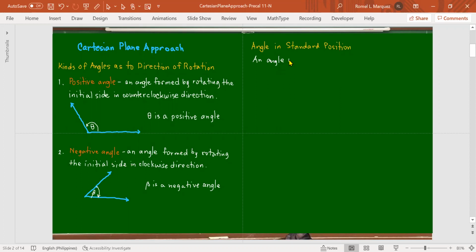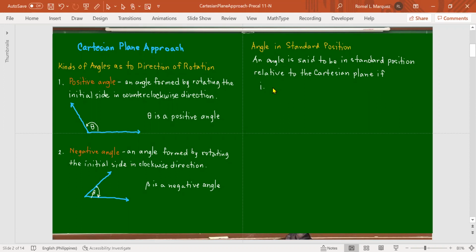An angle is said to be in standard position relative to the Cartesian plane if the following two conditions hold.